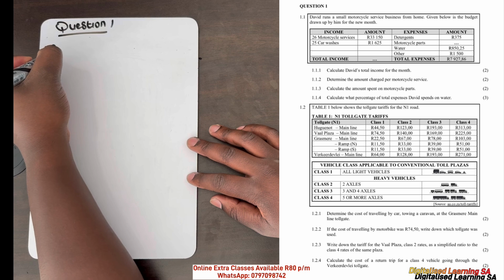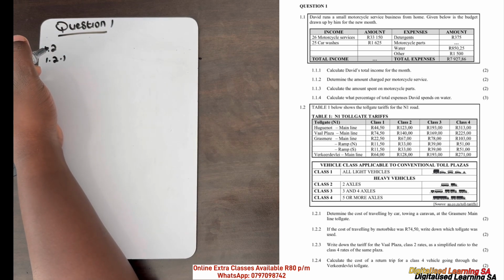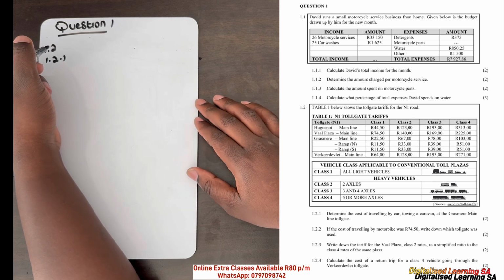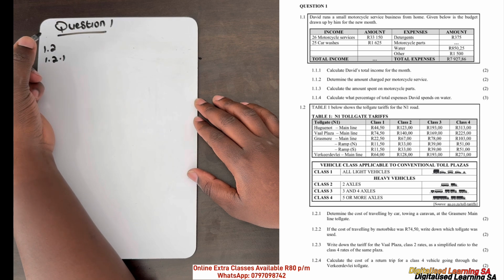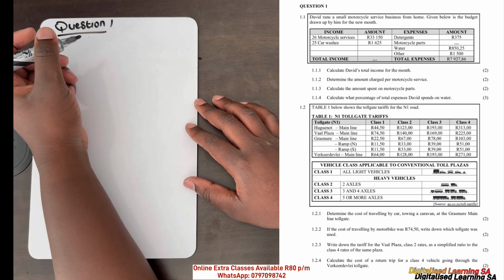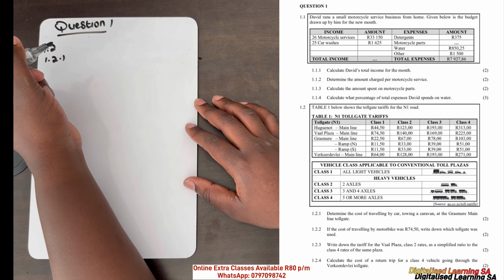So let's go ahead and start working on our first set of questions. So question 1.2.1 says determine the cost of traveling by car, towing a caravan, at the Grasmere main line toll gate.